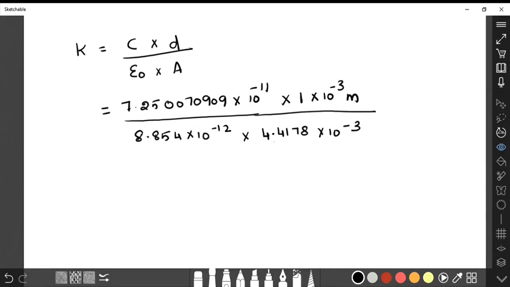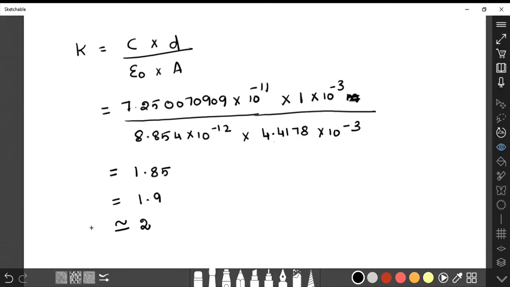By substituting all those values, finally we get the result 1.85. If you round this off, the next term will be 1.9. Further, if you round off, it is approximately equal to 2.